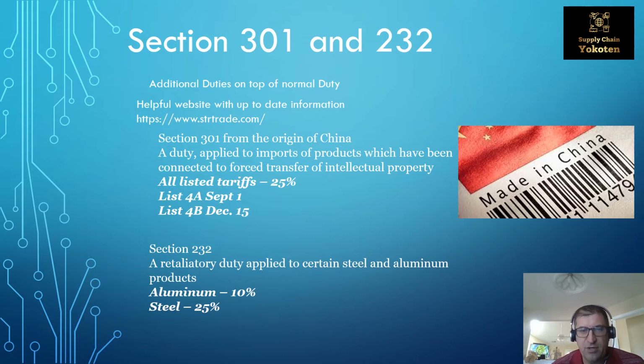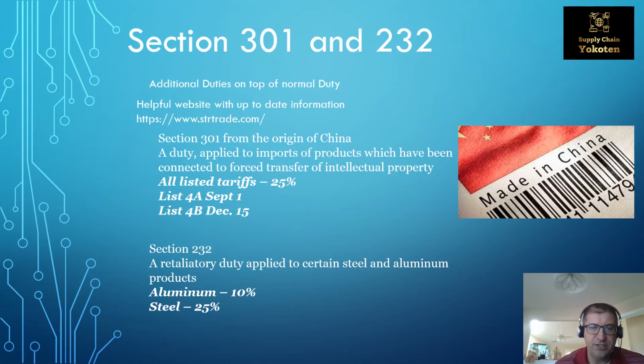There's an additional 10%, and that's for list 4A, which has a list for September 1st, those will be implemented. And there's also a list for 4B, which he recently discussed, to help the Christmas trade, pushing those out to December 15th.